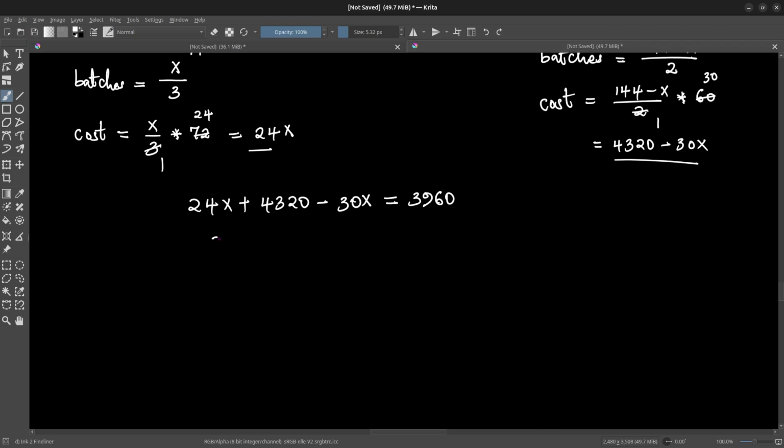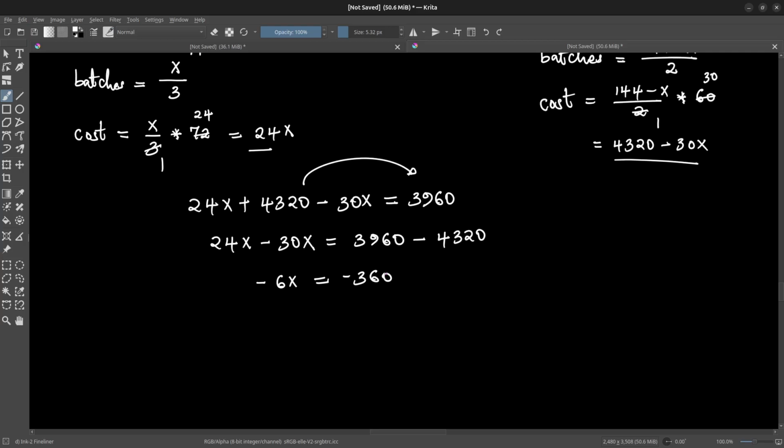On the left side, we have 24x minus 30x. Then let's take this 4320 to the other side. So this will be equal to 39.60 minus 4320. 24x minus 30x gives us negative 6x. This is equal to 39.60 minus 4320, which gives us negative 360.